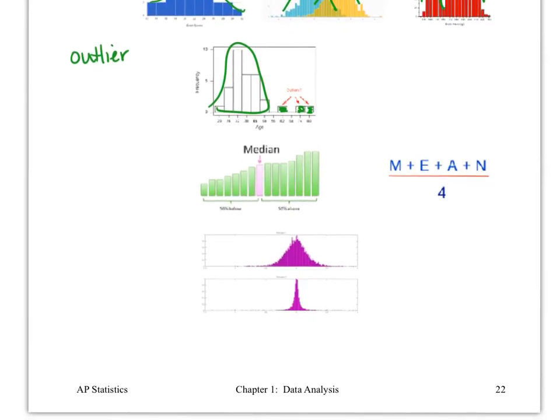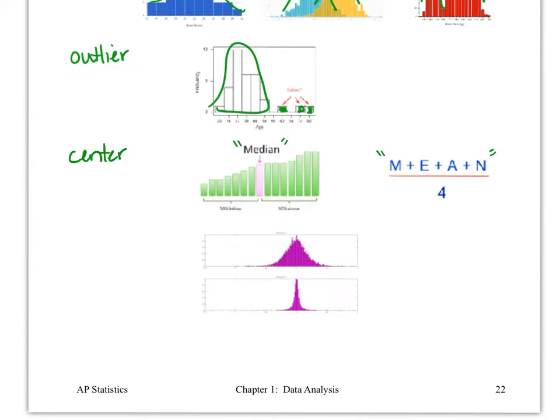Okay, next we come to C for center. And the measures of center that we will use will be the median and the mean. The median is the center value, and in the old days we would knock a number off the bottom and off the top and work our way towards the center. But because we might have hundreds and hundreds of pieces of data, we're not going to do it exactly that way.